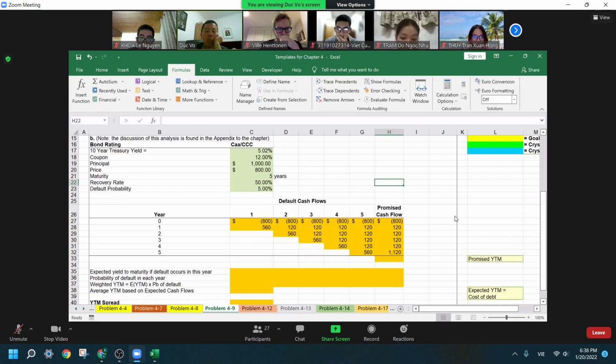Now, what I really want to consider is, what is the yield if the default occurs in year 1, or in year 3, or in year 4.